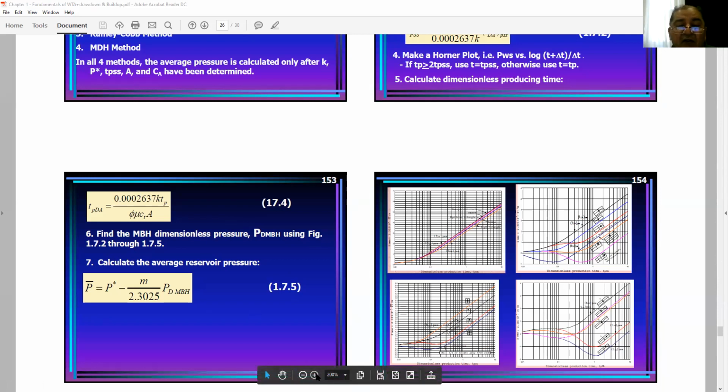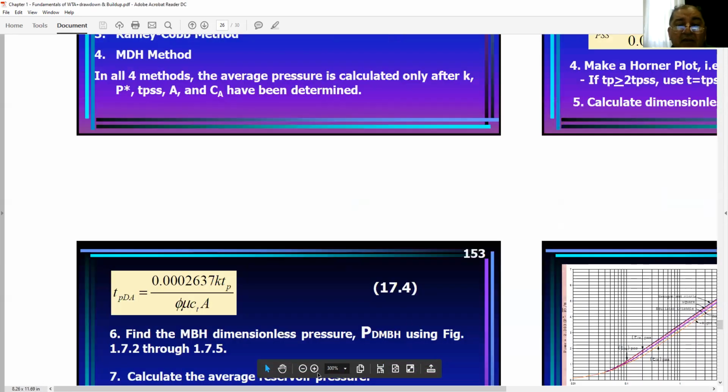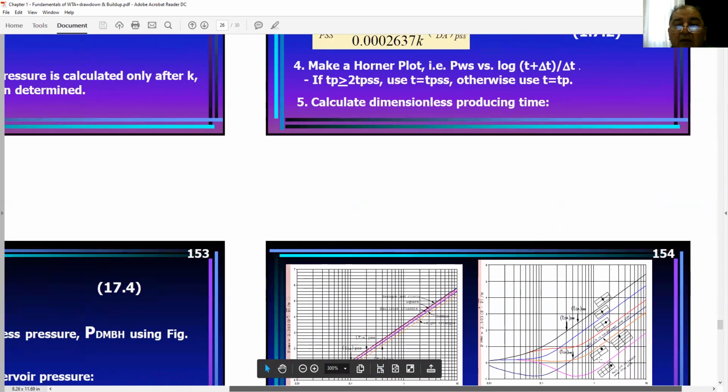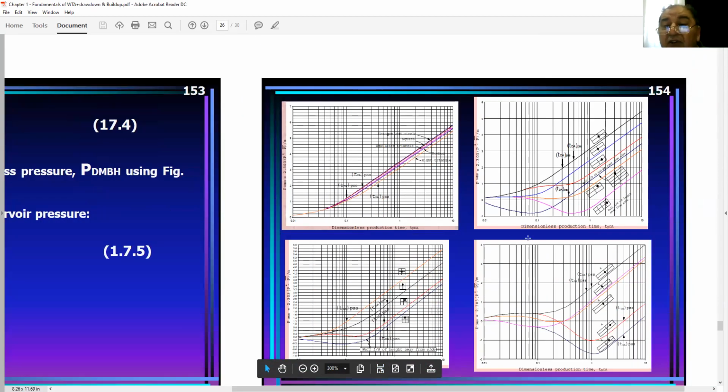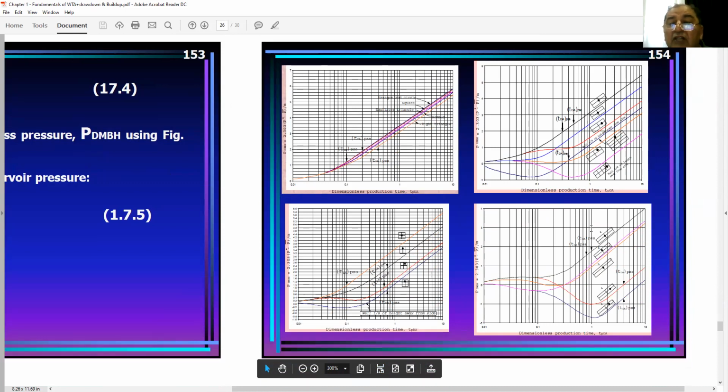This is your dimensionless production time on the x-axis. We have 4 figures here, and you have the value of tpDA, the dimensionless production time. And you know the shape of your reservoir, whether you have a circular shape, rectangular, or square shape.